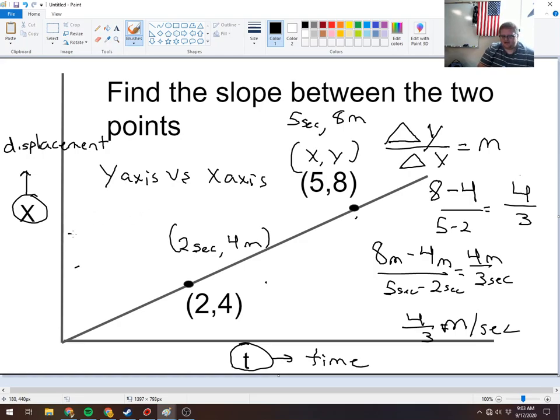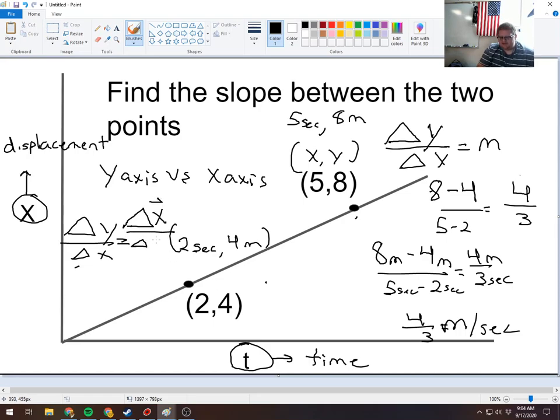If I remember, the equation we said for slope was delta y over delta x. Well, let's replace that with the actual units. This is the same thing as the change in, sorry, I'm running out of space, I'll just write here. Hopefully you can see. The change in, what's the y-axis? The y-axis is displacement, divided by, what's the x-axis?